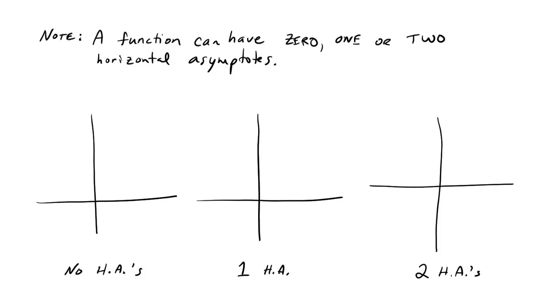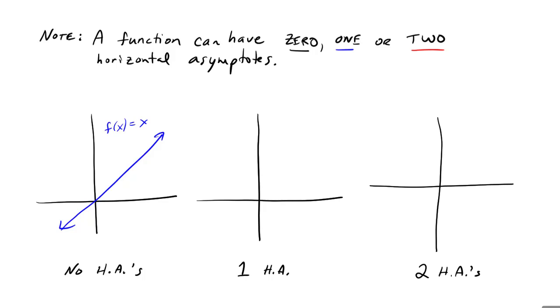So note that with horizontal asymptotes, you can have 0, 1, or 2 horizontal asymptotes. Okay, so let's look at some examples of each. So you might have just a simple, maybe you have something like f of x equals x.